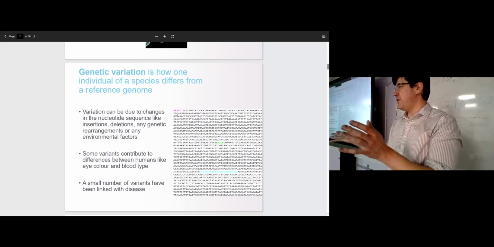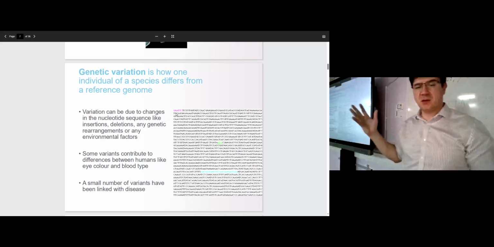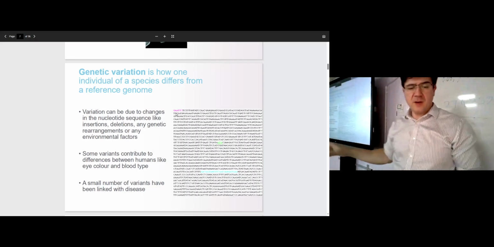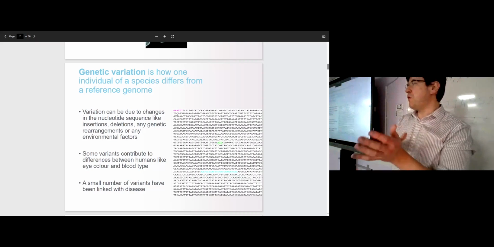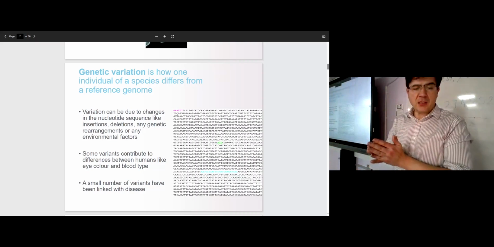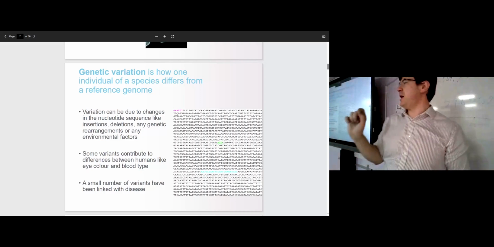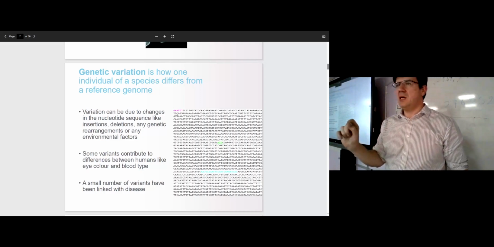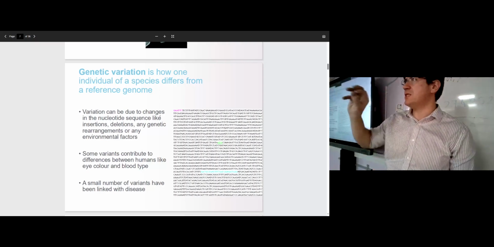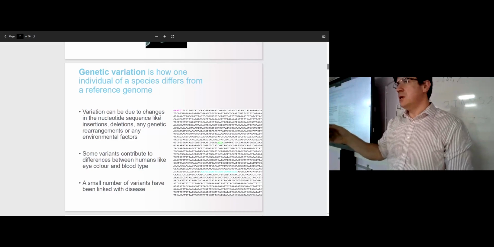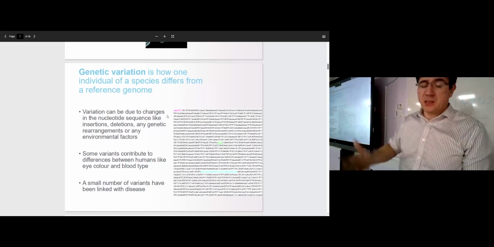There are other types of variants than SNPs, like copy number variants or insertions, deletions, but just SNPs, every individual has on average around 4 to 5 million. And the vast majority don't do anything, but there are a few that can have a tremendous effect in the health of the individual. And so we want to understand how those different SNPs are contributing to disease risk, to health patterns, and so on.